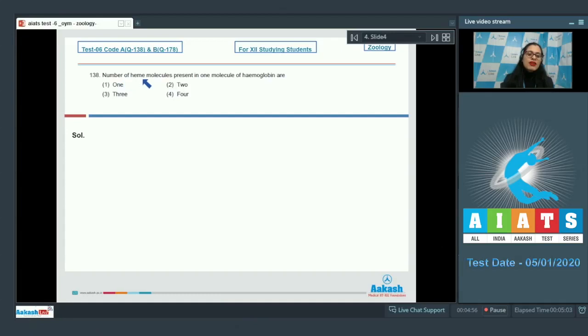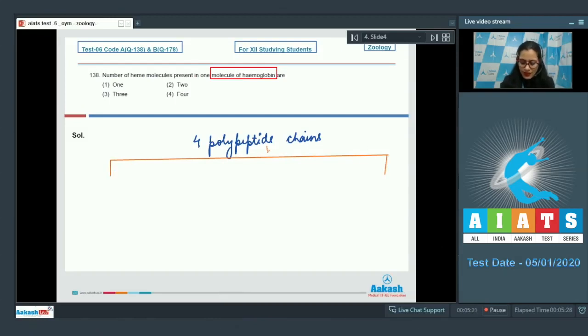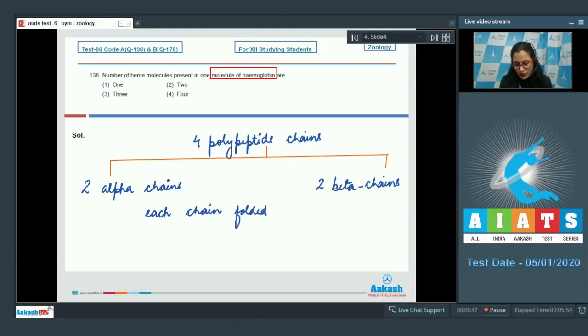Question number 138. Number of heme molecules present in one molecule of hemoglobin are, and each molecule of hemoglobin consists of 4 polypeptide chains, comprises 2 alpha chains and 2 beta chains, and each chain is folded to provide binding site for a heme group.